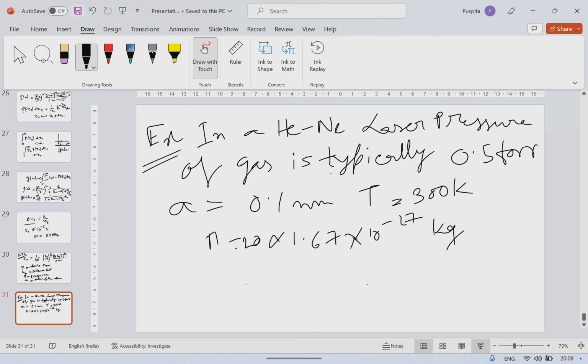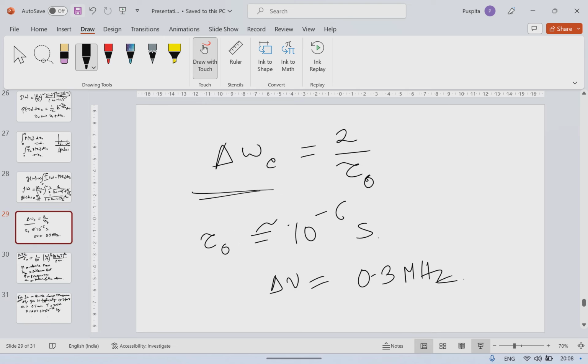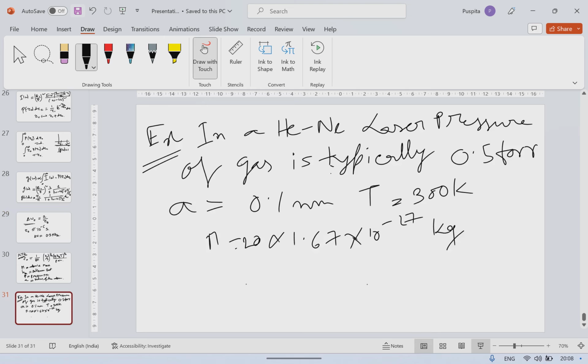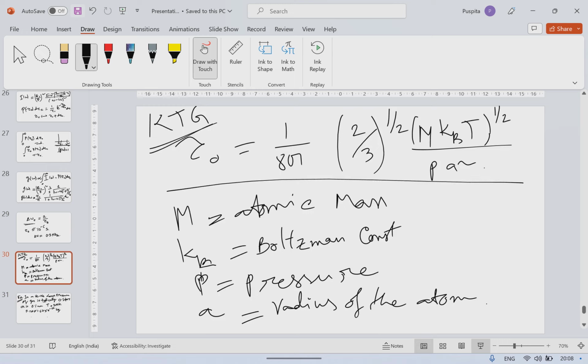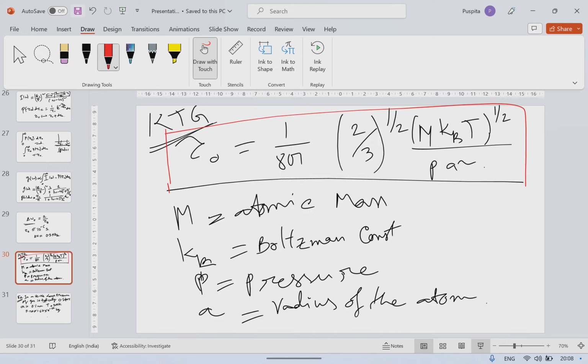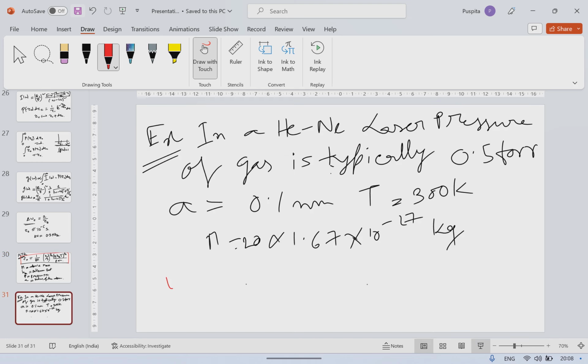So what will be the collision broadening? Okay, so from this expression, and kB will be given. So Boltzmann constant will be given. So what is the collision broadening?